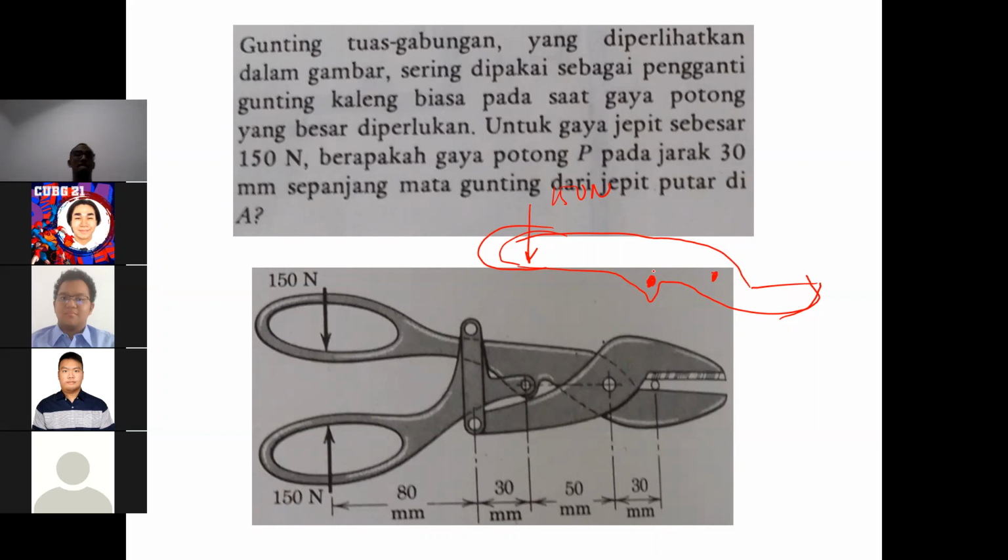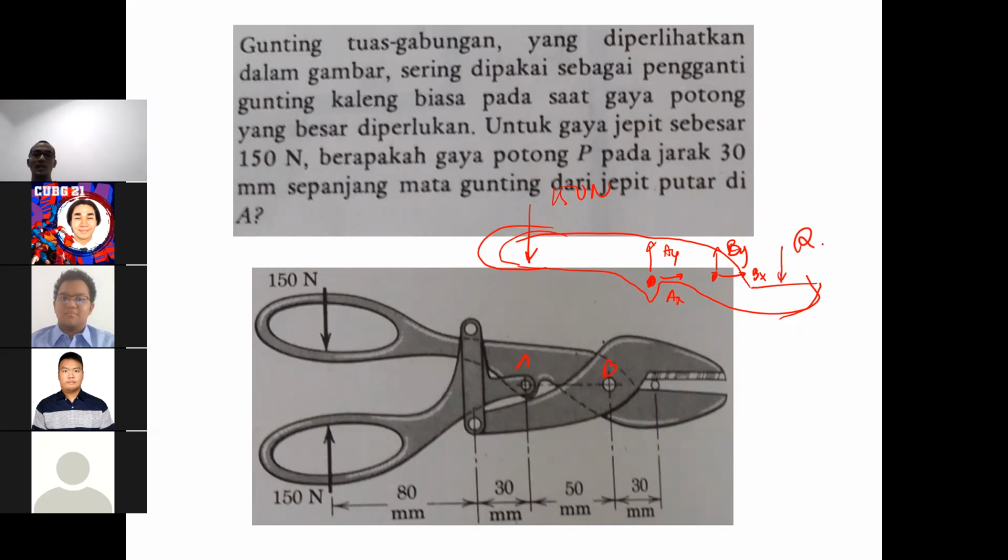FX and FY. Okay, I will name it then. This one is A, this one is B. Okay, there will be AY, AX, BY, BX. And beside that, we have a cutting force as well, right? Yes. Okay, Q here.